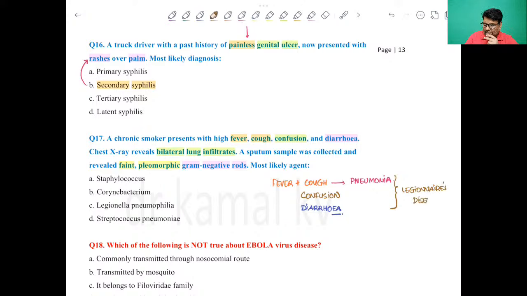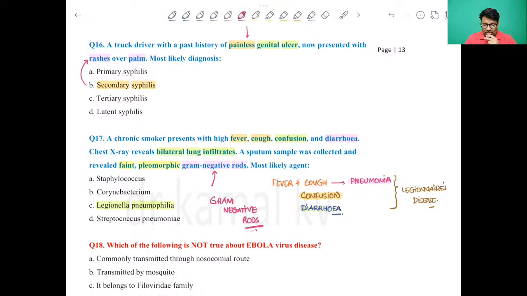So apart from pneumonia, there is also mental confusion, there is GIT involvement in the form of diarrhea, and moreover, what we are seeing here is gram negative rods. Clear? Or bacilli.